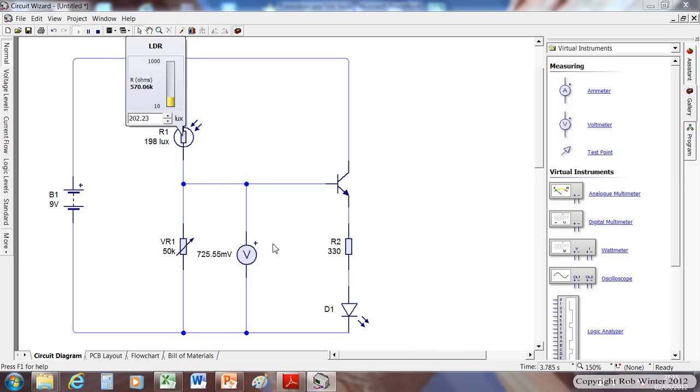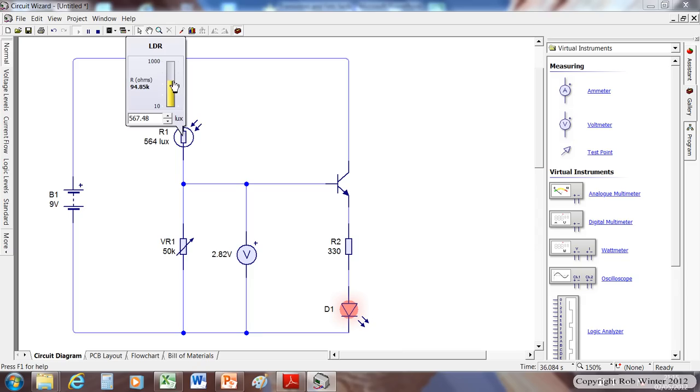At the moment I've got 725 millivolts, which is about 0.7 of a volt, not a great deal, and my LED isn't turned on. If I keep increasing the light level, because it's a potential divider, my voltage is going up. It's now just over 1 volt, 1.13, 1.4, and there we go, just over 2 volts, you can see that my LED starts switching on.